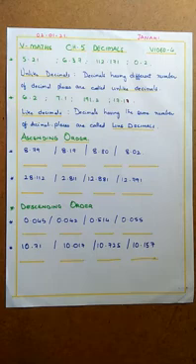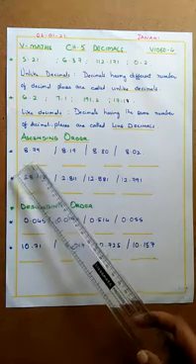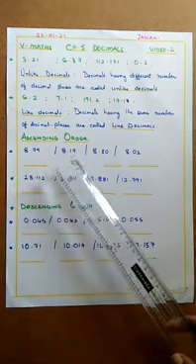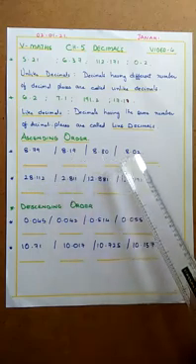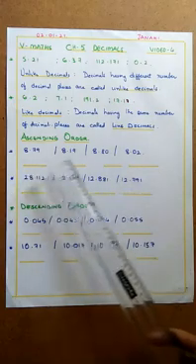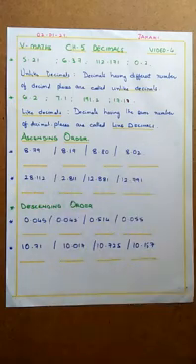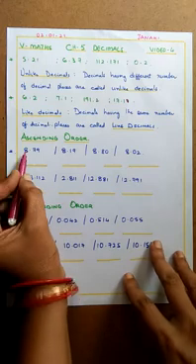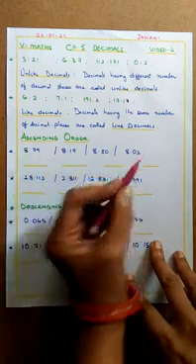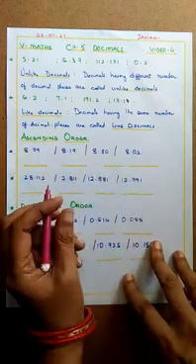Now let us see how to make the ascending order using the decimals. 0.79, 8.19, 8.80 and 8.02. Now we have to write them in ascending order. To write them in ascending order, first we should know which is the smallest one. In the ones place you have 8, 8, 8 and 8, so it is the same.